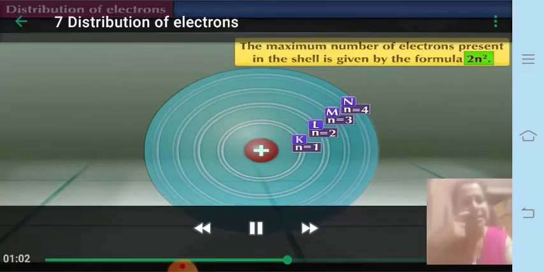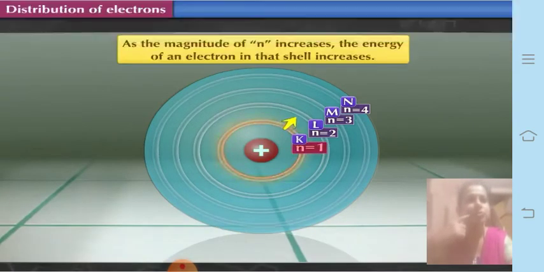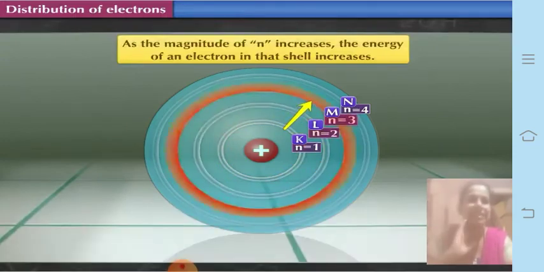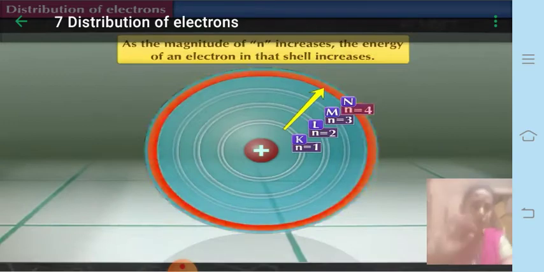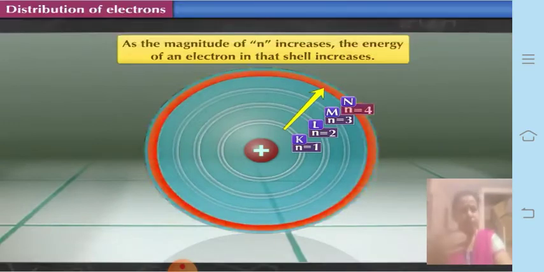As the magnitude of n increases, the energy of an electron in that shell also increases. For example, I have already mentioned in the last video that an electron has the ability to jump from one shell to another. Suppose it jumps from a lower shell to a higher shell.